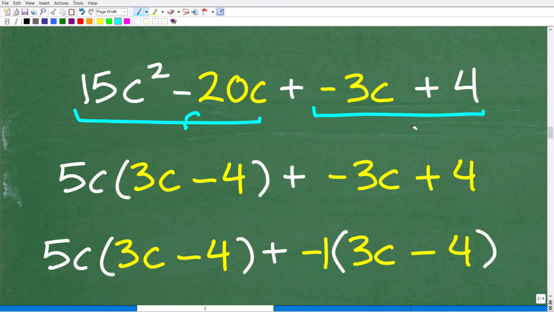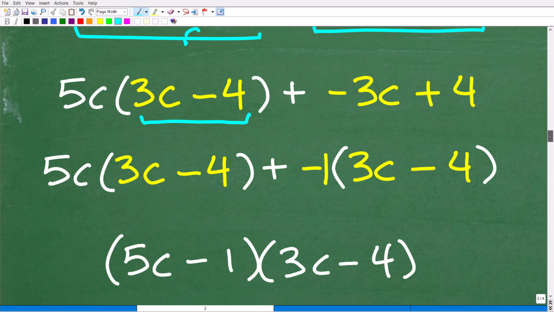Okay, so factor out that GCF right here, and then over here, you might be saying, well, there's no GCF, but here's what I want you to pay attention to. You want to try to come up with the same binomial. Here I have 3c minus 4, and this is pretty close to 3c minus 4, but the signs are off. So what you want to do in this case is factor out a negative 1. This is always a common thing that you can do.